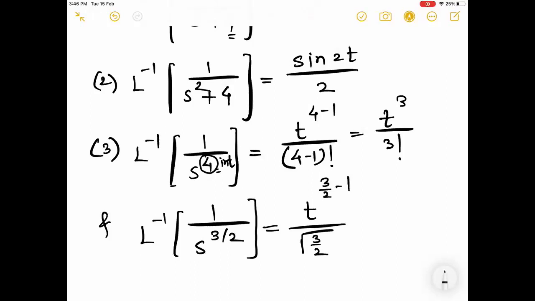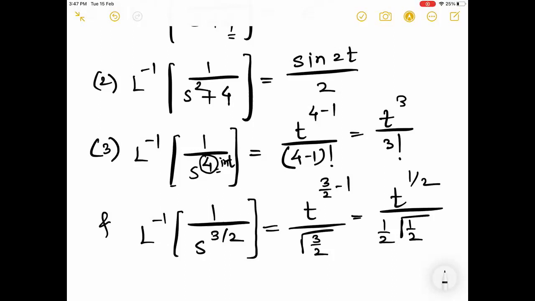We have written this formula. So 3 by 2 minus 1 means t raised to half upon gamma 3 by 2, which can be written as 1 by 2 gamma 1 by 2.